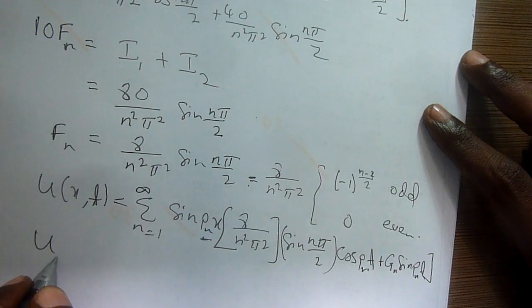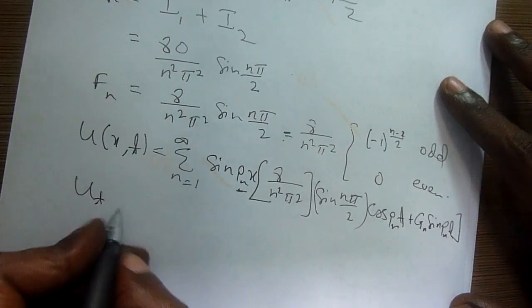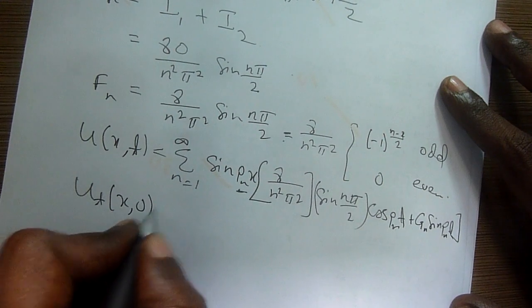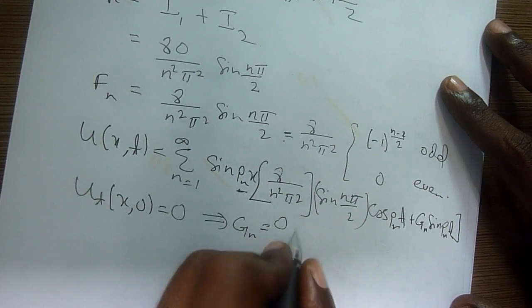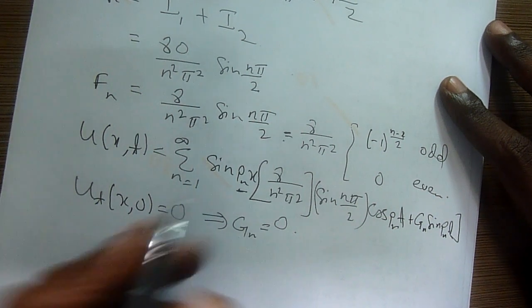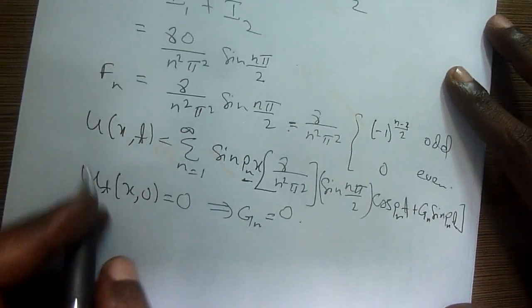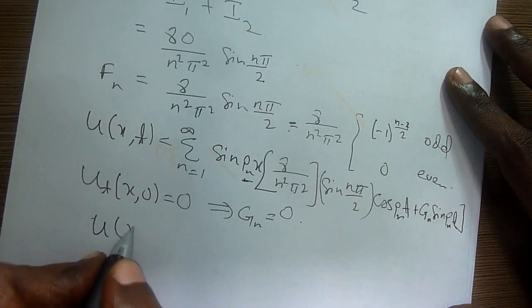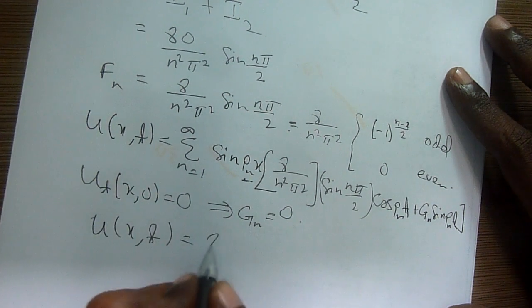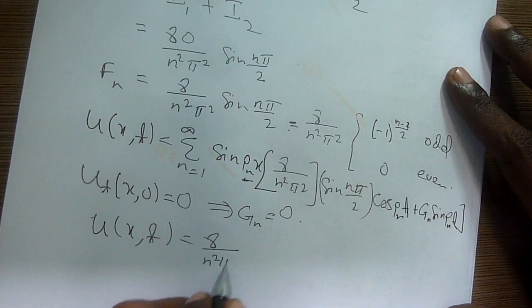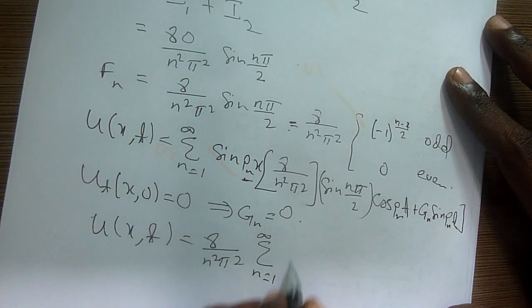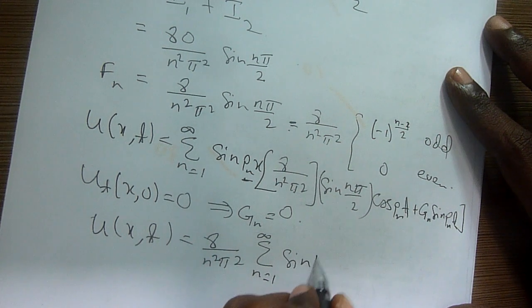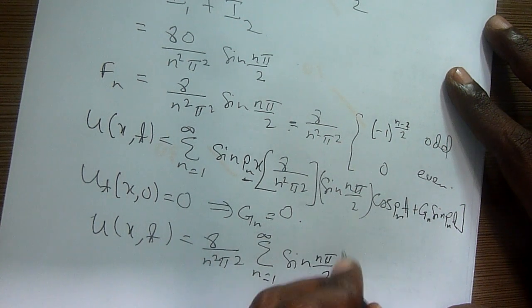Since we know u at x equals 0 is 0, therefore it produces Gn equals 0. Therefore when you handle this, you get u(x,t) equals 8 n2 pi 2, the sum from n equals 1, sine n pi. See, I haven't changed yet.